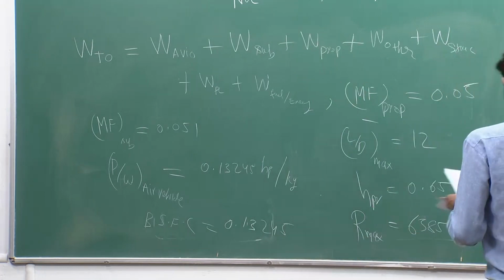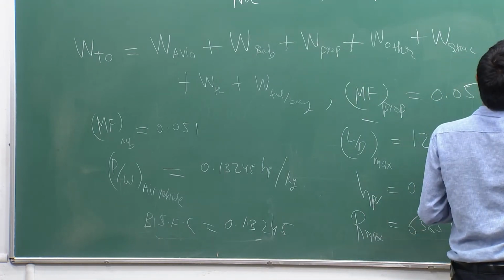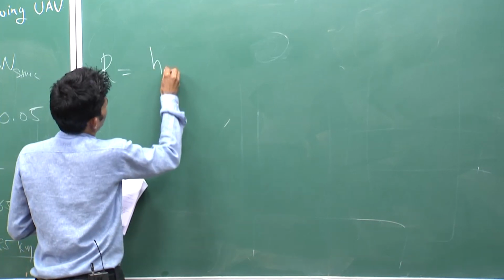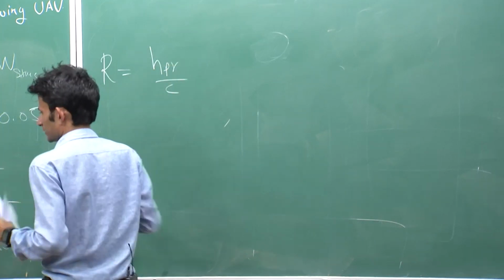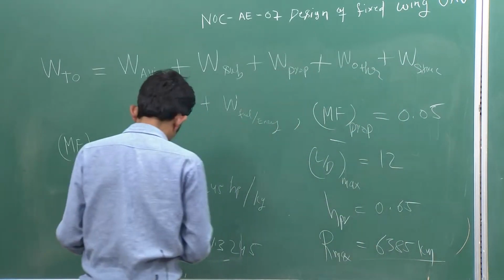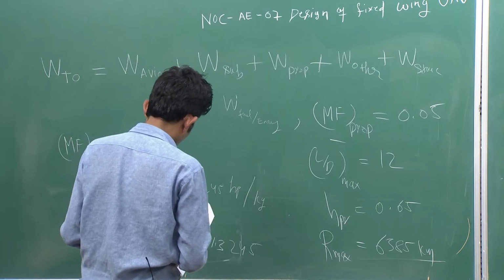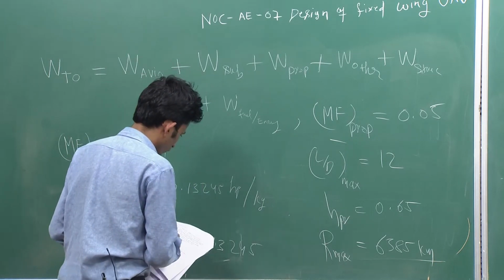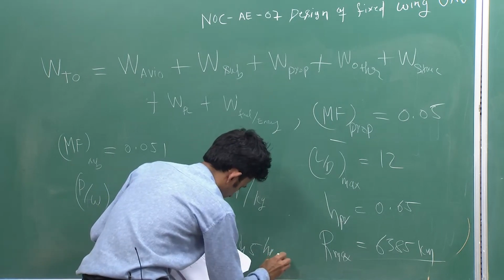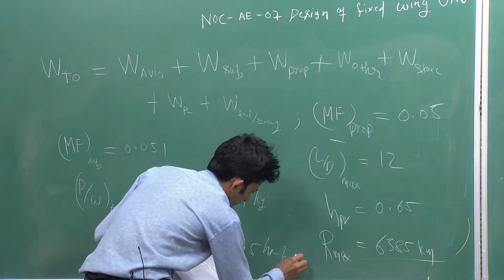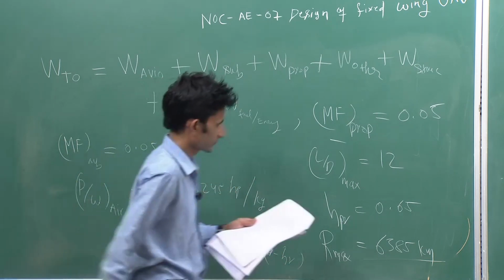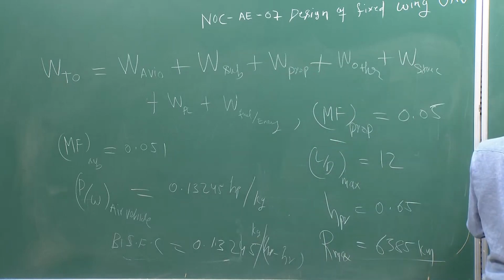Using this formula, R equal to eta PR divided by C, where C is the brake specific fuel consumption, which is given as 0.13245 kg per HP hour. Okay, so you can use this formula.